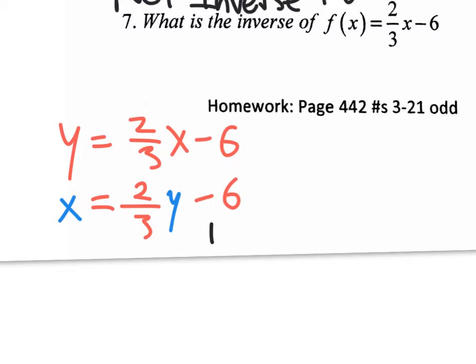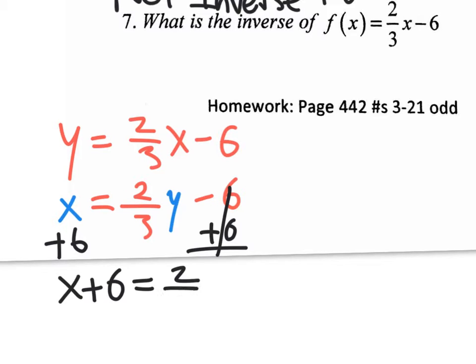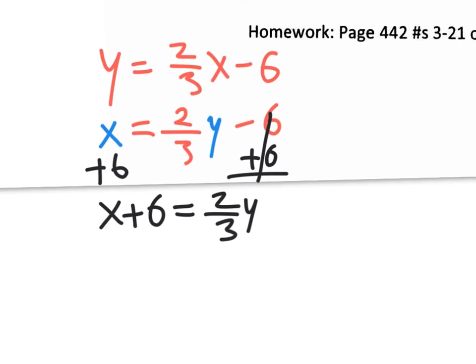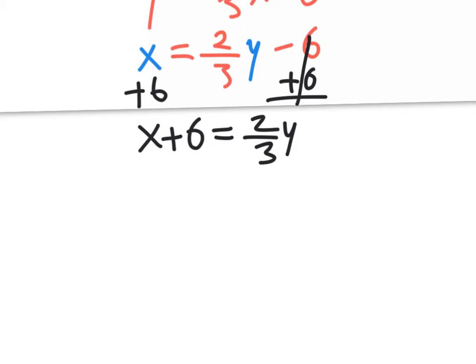Let's get y by itself by going plus 6 and plus 6. So we're going to get x plus 6 equals 2/3 y. And we almost have y by itself. If you want to get rid of the fraction, you could multiply everything by 3. This times 3, this times 3, and the fraction times 3, which will cancel.